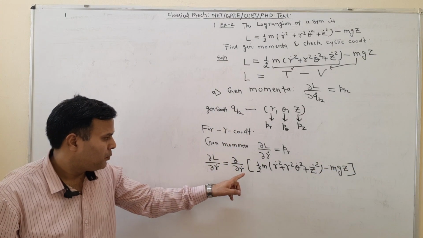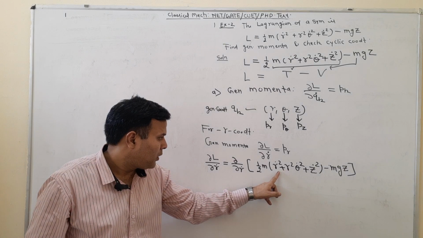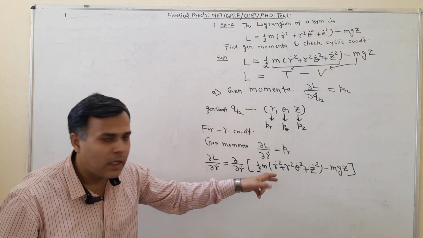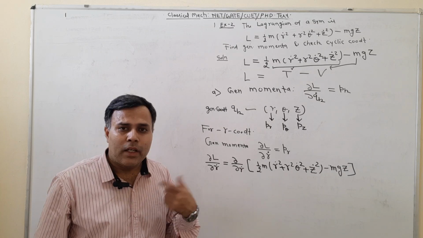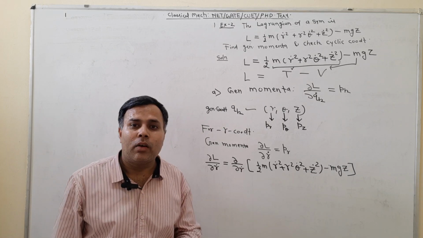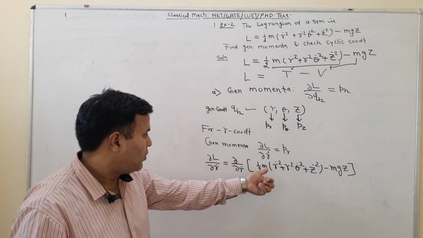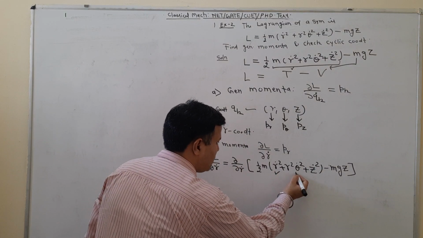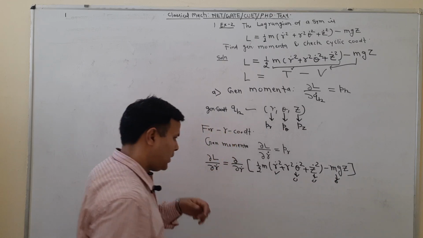Differentiating partially with respect to r dot, theta dot, z dot and the rest of the variables are treated as constants, and differentiation of a constant is 0.